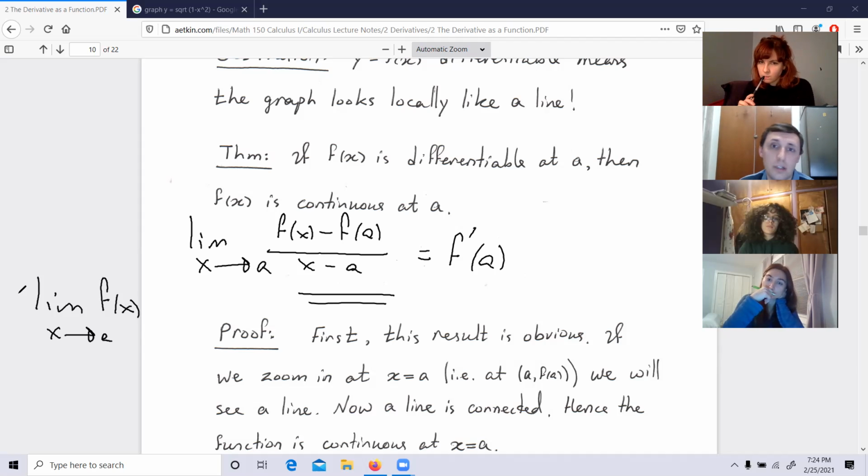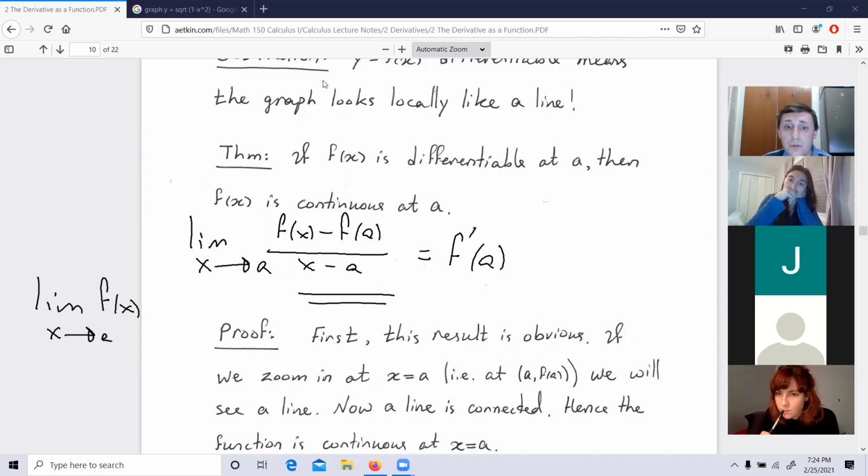Let's do it together. Guys, you have to understand how this formalism is supposed to work here, right?